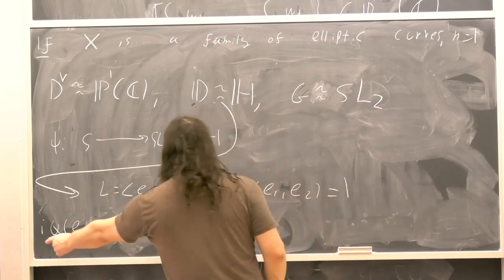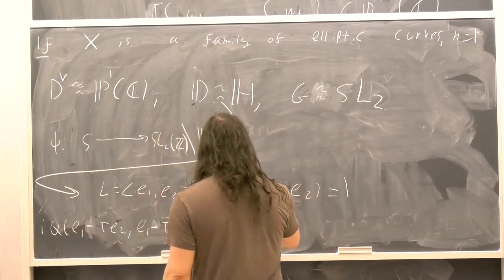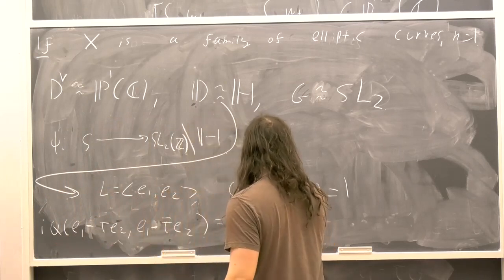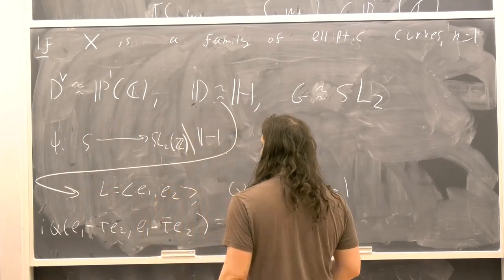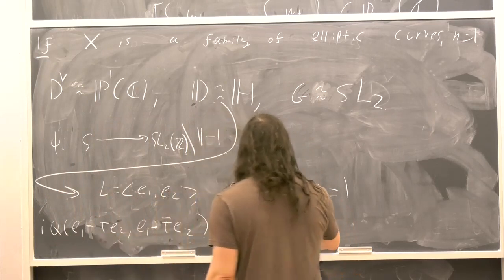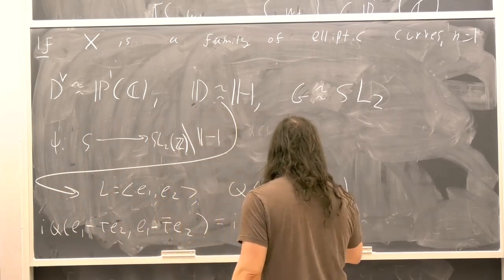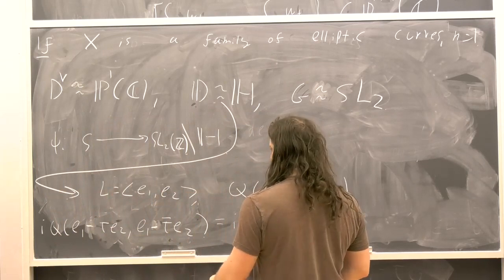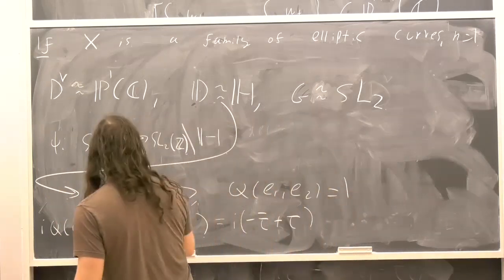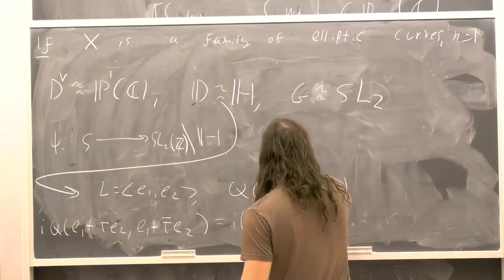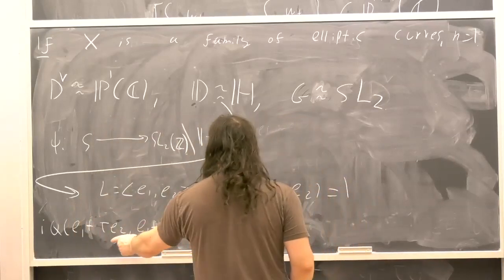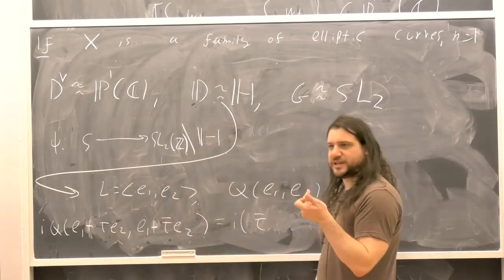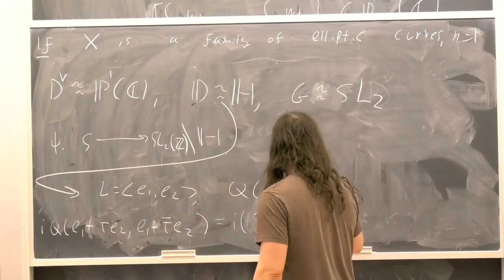Well, I get Q of E1 times tau bar, and then E2, E1, so that flips to a minus 1, so we get minus tau.